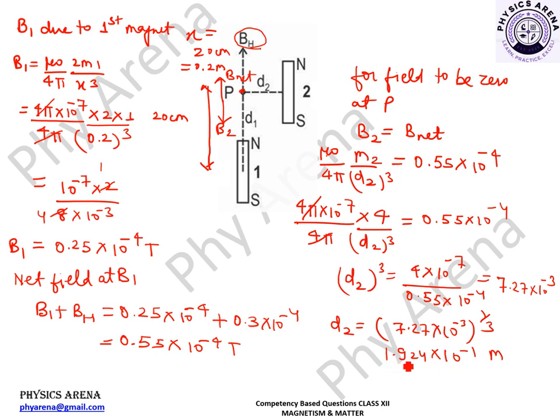So multiplying this by 100, we get d2 equal to 19.24 centimeter. So, in order to make the magnetic field at P be 0, we need to place the second magnet at a distance 19.24 centimeter from the point P.